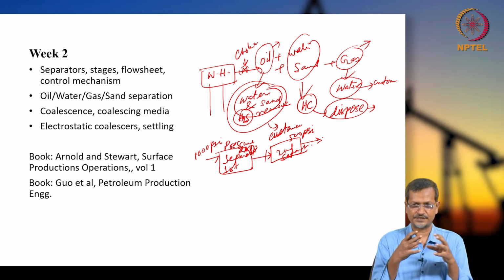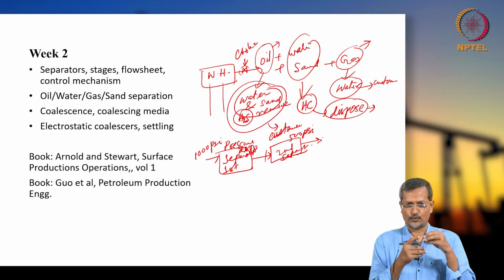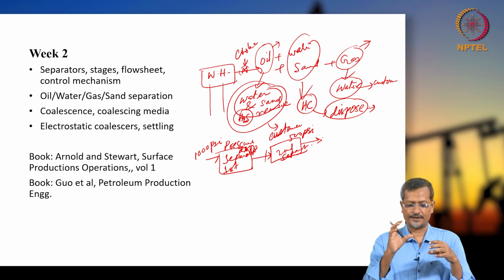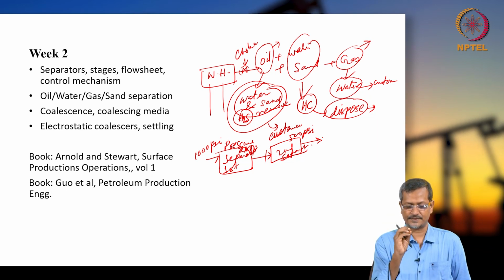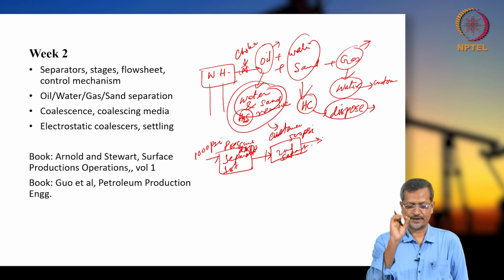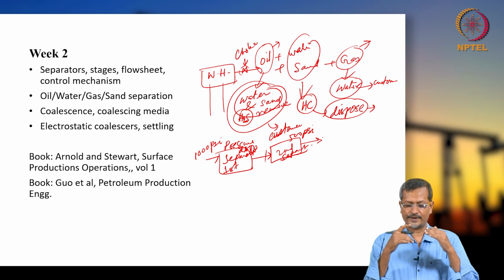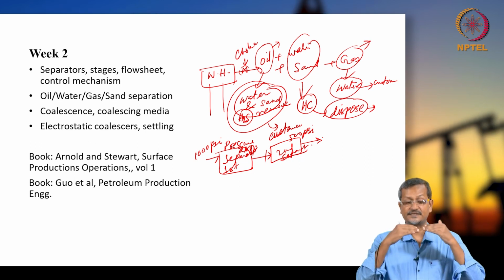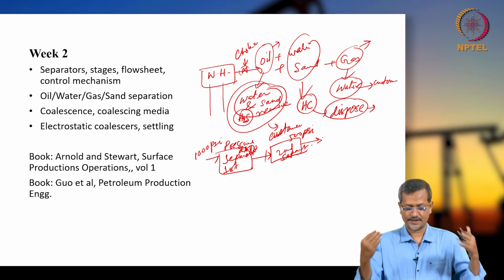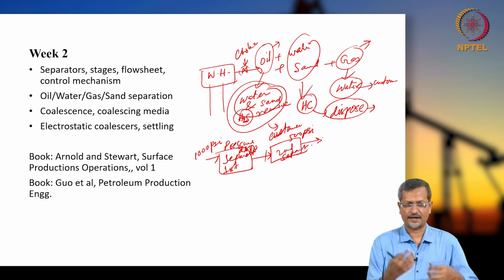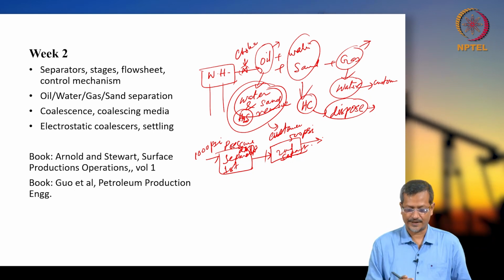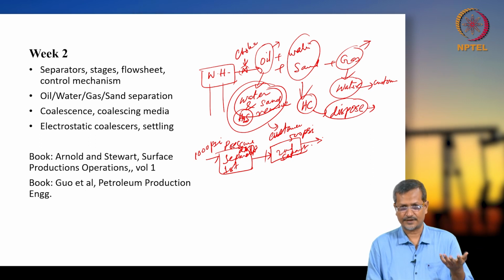Emulsion means two immiscible fluids, like oil and water. If you shake properly, it will create lots of bubbles, and water bubbles will be in oil, or oil bubbles will be in water, and they will get separated if we don't have any emulsifying agent. But if we have a certain chemical which assists in creating emulsion, then oil and water will not get separated. So then again you have to treat that properly.